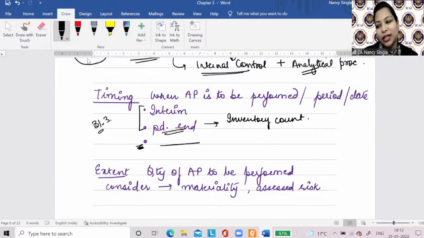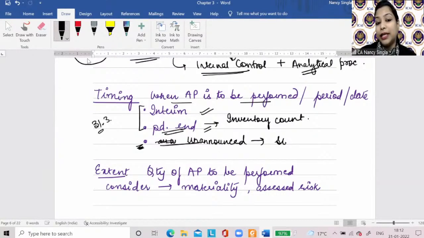I have not mentioned it because I want you to think about when the audit procedure is to be performed. It can be in the middle of the year. It can be at the period end. And students, can it be an unannounced date? Unannounced date. An example can be what?